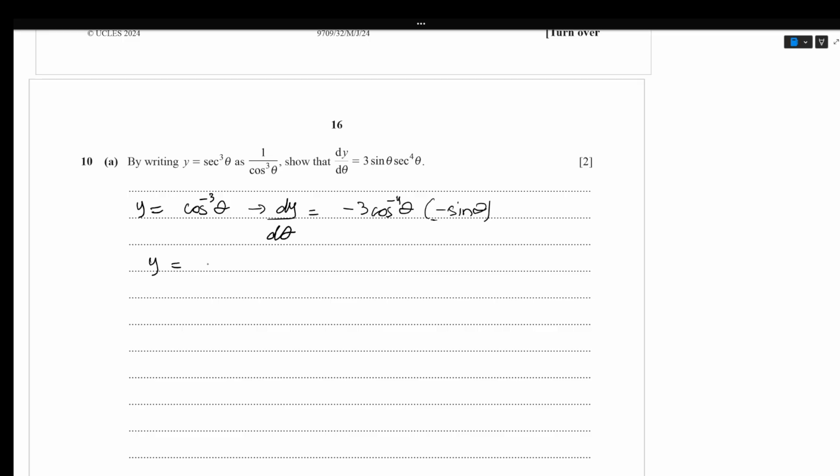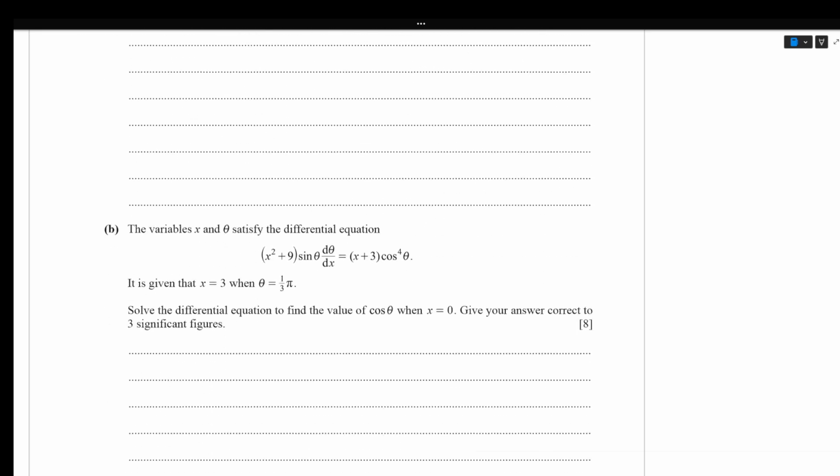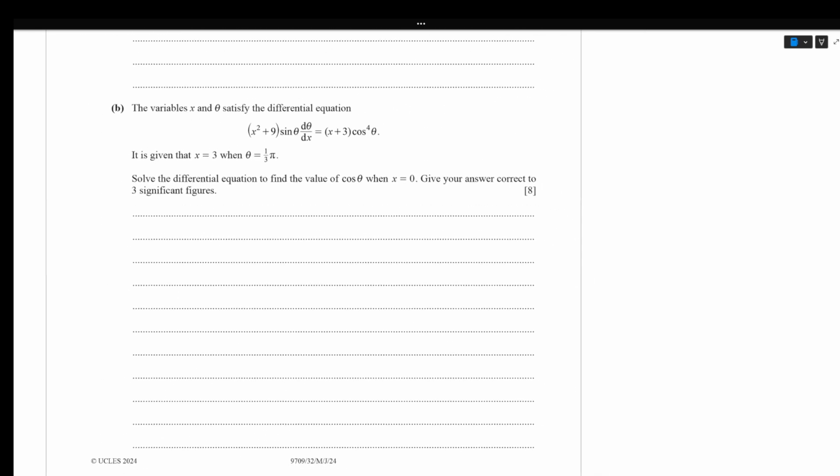So this is minus 3 cos minus 4, minus minus plus, 3 sine theta into 1 over cos 4 theta. So again, we can use this to say कि dy by d theta is 3 sine theta sec 4 theta, and this is done. Question 10 part B.